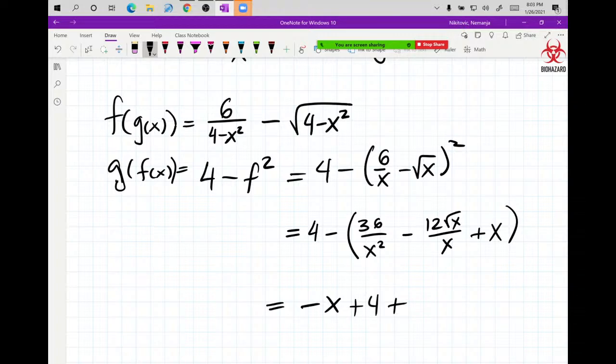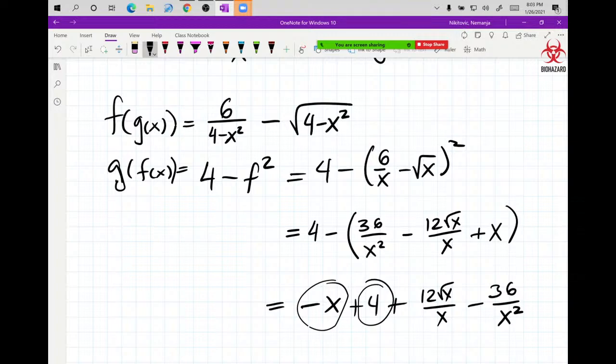You don't have to, but it's nice if you do. Order of decreasing powers. This is a power of 1, power of 0, and now you have negative 1/2 power and negative 2 power. So they are in order of decreasing powers.